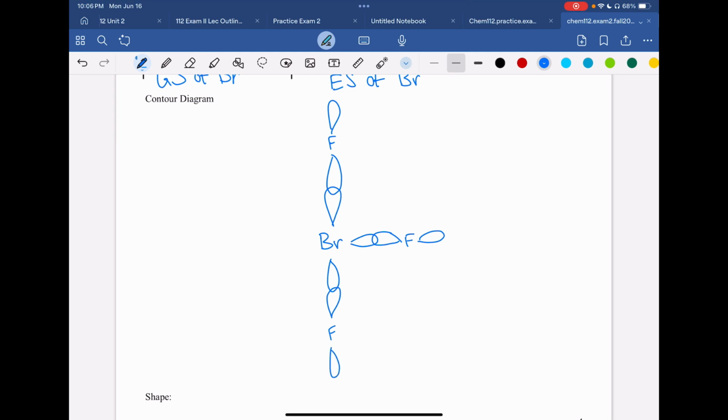Okay. And then these are your lone pairs. They occupy the sp3d2 orbital. Okay. Sigma sp3d2.